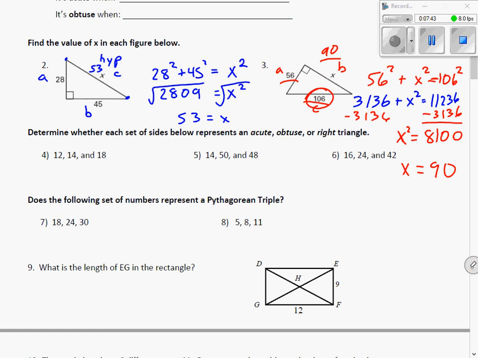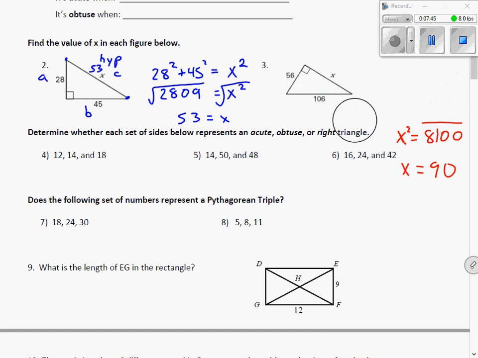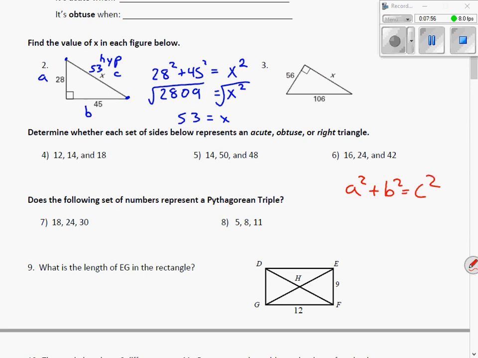Now, let me show you a quick way that we can do this. Let's start out with a squared plus b squared equals c squared. If we are missing one of the leg values, let's say we called that b, then when we're looking for b, we know that b squared is going to be c squared minus a squared.